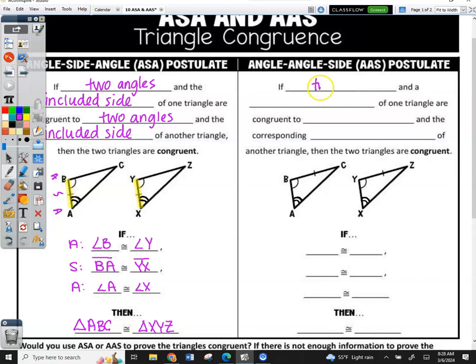We've got two angles, and this is going to feel weird to write, but it's the non-included side. Two angles and the non-included side.